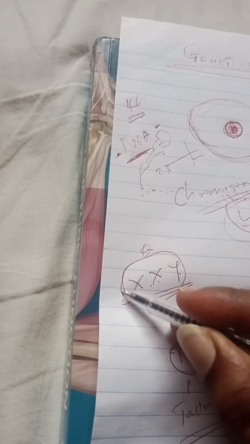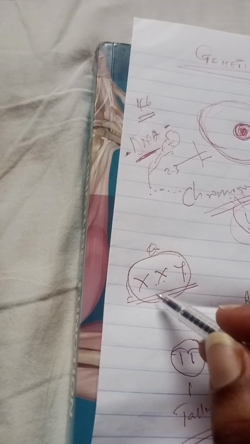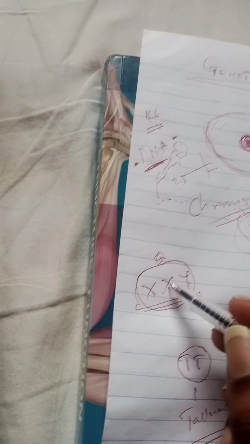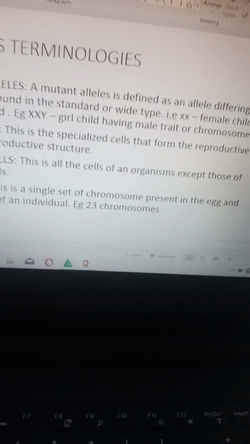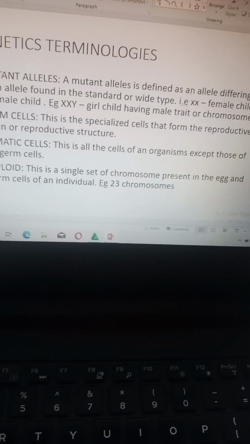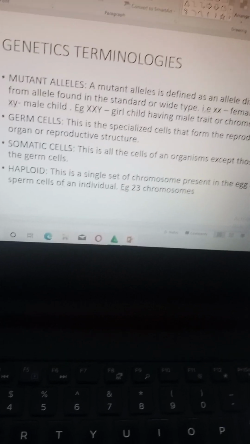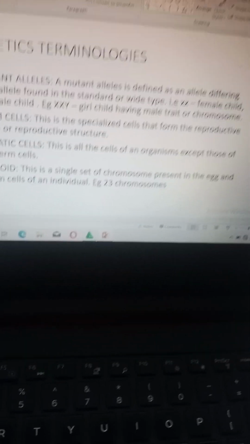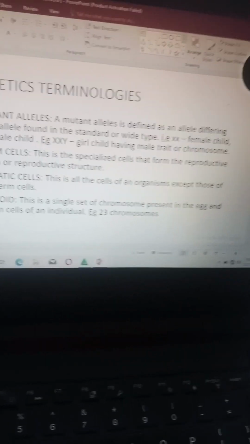Definitely, if you have an individual expressing this character, it's going to tell you this is a girl child, because we already have XX expressing a girl child. It is a girl child, but showing male traits. That means she's a girl boy, a tomboy, a girl behaving like a boy.